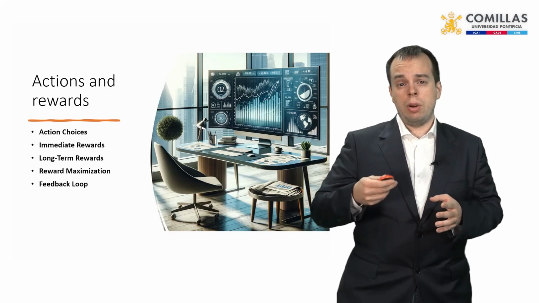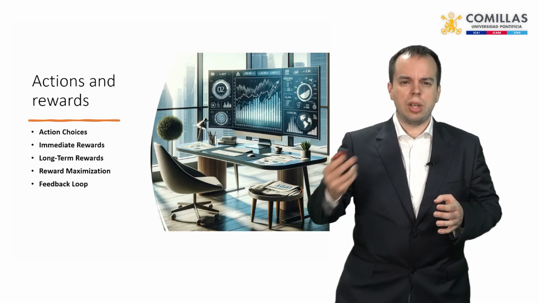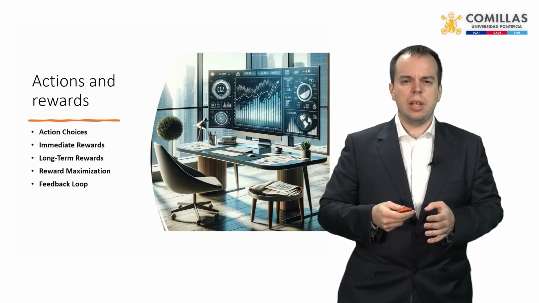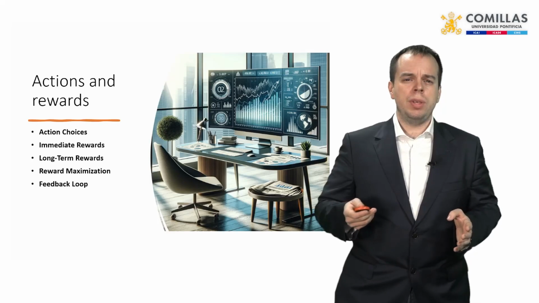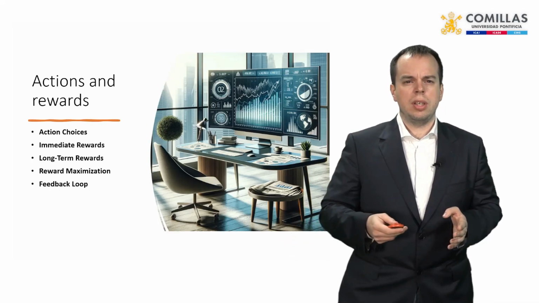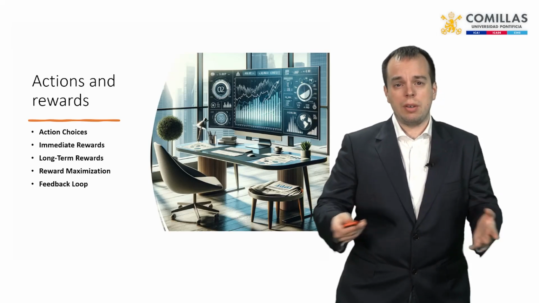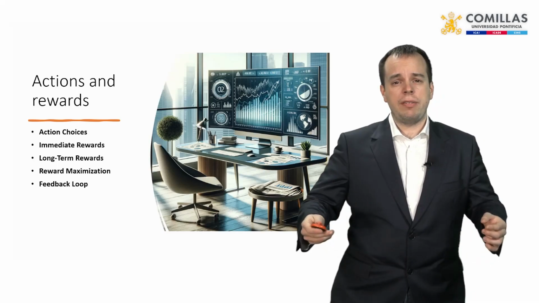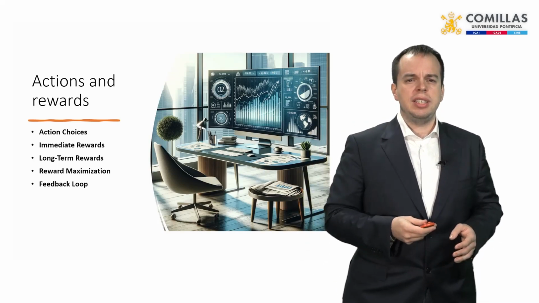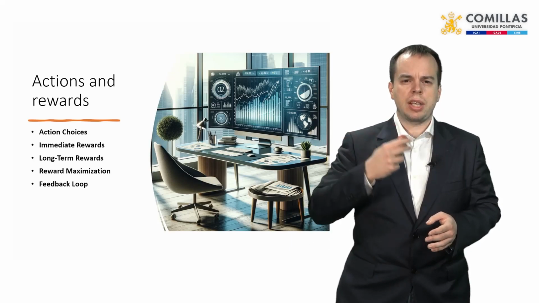Then there's reward maximization. The goal here is to increase the total rewards over time. A practical example would be a portfolio management system that aims to optimize returns. This is about making decisions that maximize the overall gain. Finally, we have the feedback loop. This involves continual adaptation based on the outcomes of previous actions.